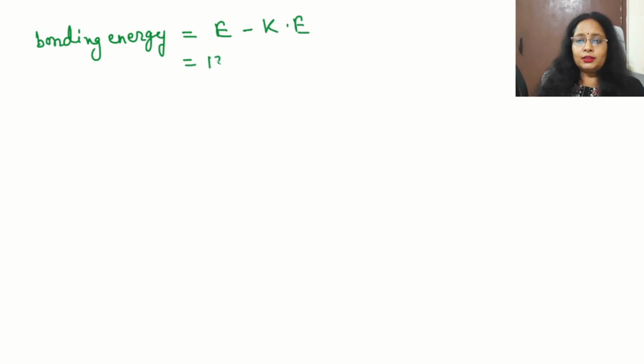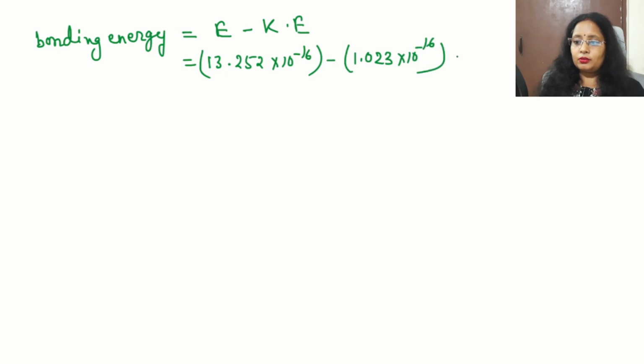E value we get is 13.252 into 10 to the power minus 16, minus kinetic energy 1.023 into 10 to the power minus 16. After doing subtraction, we get the value 12.227 into 10 to the power minus 16. The unit is joule. This is our bonding energy in terms of joule.